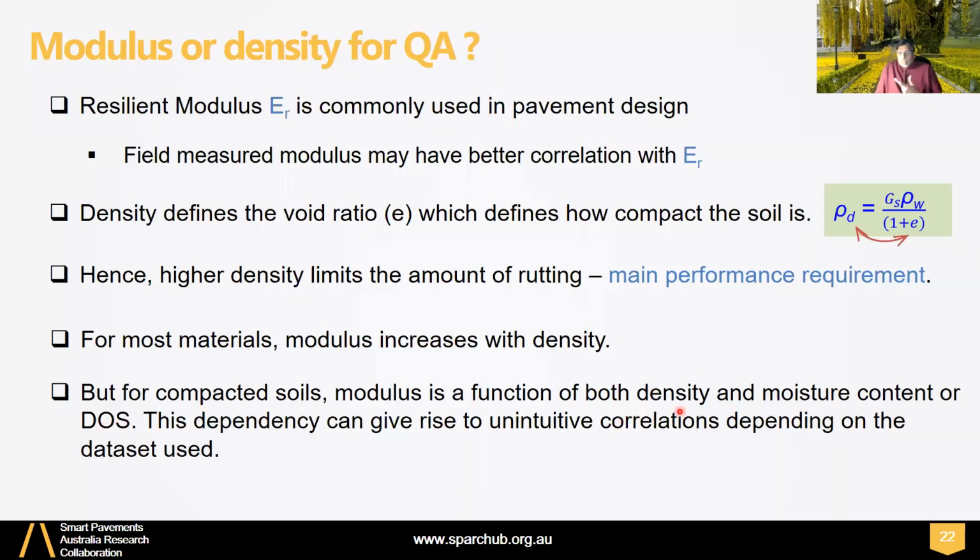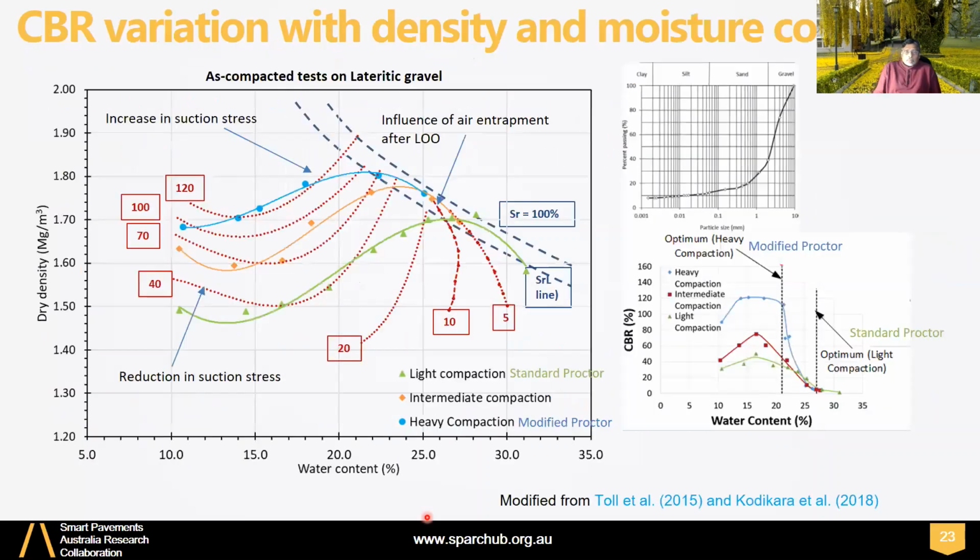Because two variables are playing together for modulus, this dependency can give rise to unintuitive correlations depending on the data set used. For example, you can get a negative correlation. As the density goes up, modulus can drop, right? Which is unintuitive. So that can happen because of this dependency on two variables.